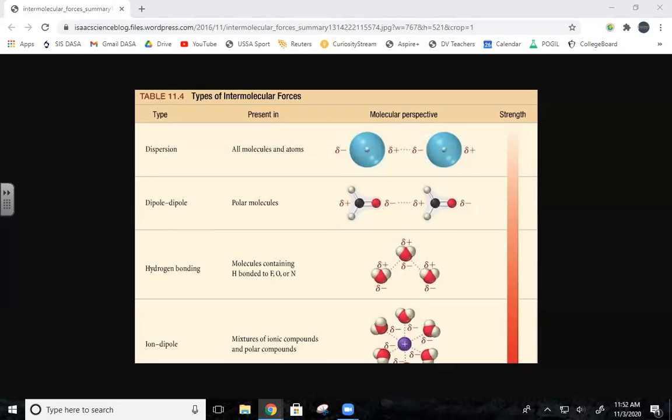What does dispersion mean? Anybody? To disperse. What is dispersing? It means to spread out, yes.